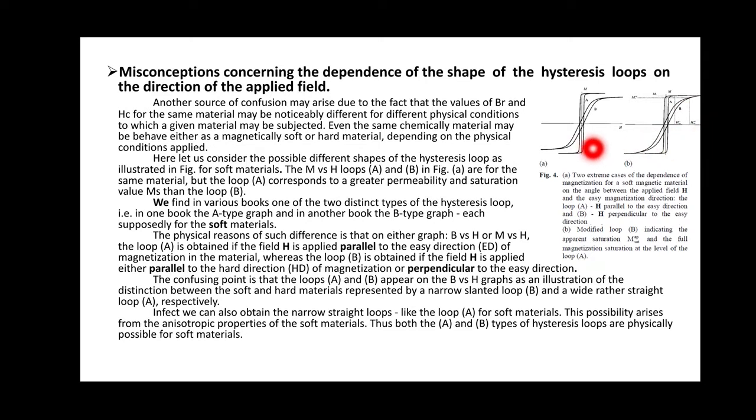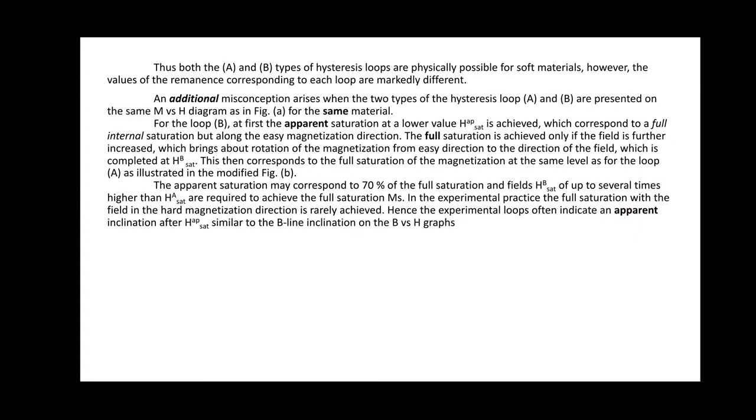There is also full saturation, as in soft material loop A. The apparent saturation may correspond to 70% of the full saturation, and a field H_B saturation several times higher than H_A is required to achieve the full saturation M_S.